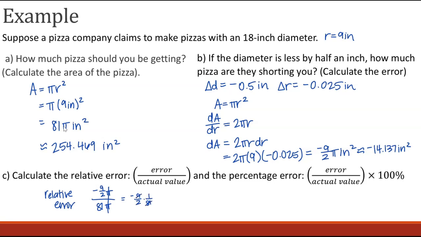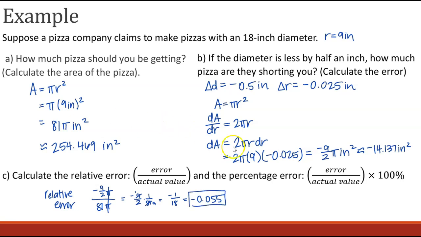And so 81 and 9 can simplify. So we end up with negative 1 over 18, which is approximately negative 0.055. So that is what we call the relative error.